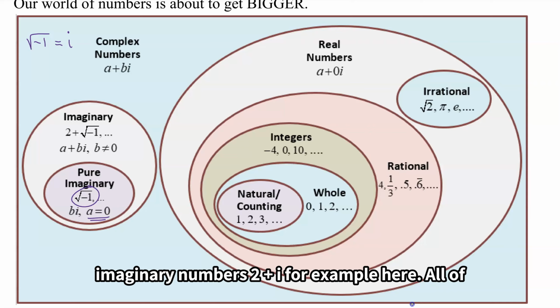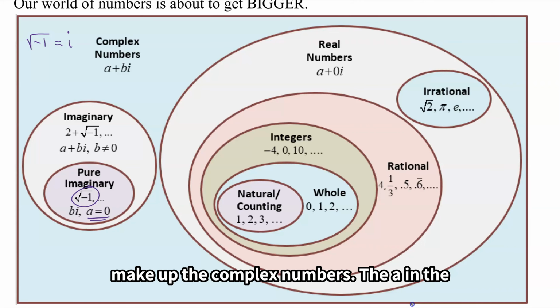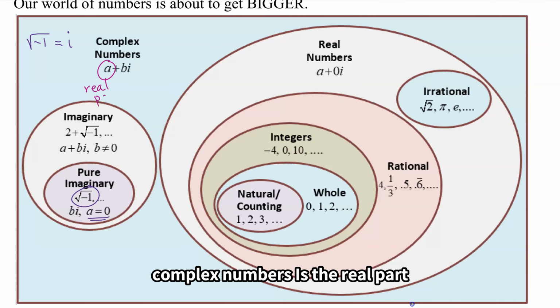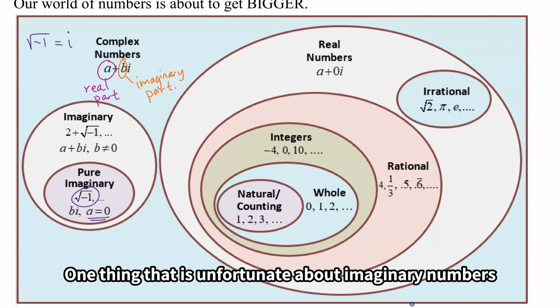And then imaginary numbers, 2 plus i, for example, here. All of these numbers together make up the complex numbers. The a in the complex numbers is the real part of the number, and the b is called the imaginary part.